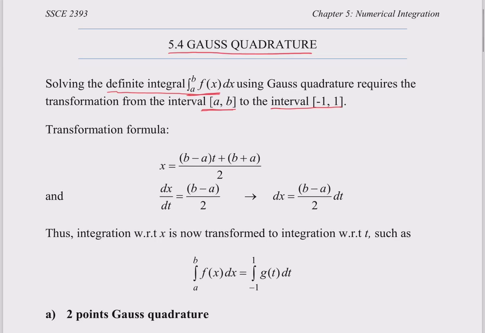Therefore, if we have a definite integral from a to b of a function of x with respect to x, we need to evaluate this integral from -1 to 1 given a new transformed function in terms of t with respect to t.